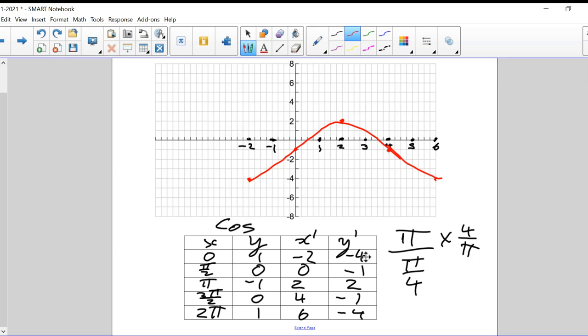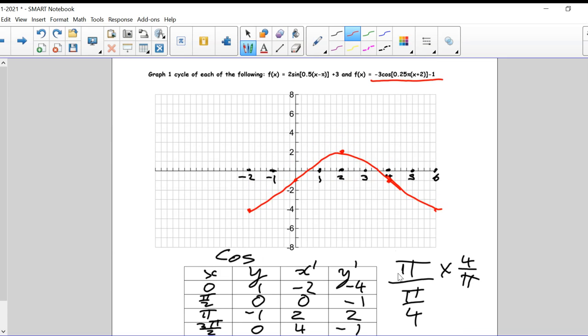I'm saying yes. As for whether the x's are in pi or not for the cosine graph, let me tell you how you know whether the final values are going to be in terms of pi or not. If the k value is in terms of pi, then it means that you're not going to have pi in your scale. Your scale is going to be a 1, 2, 3, 4, 5 kind of scale, likely.